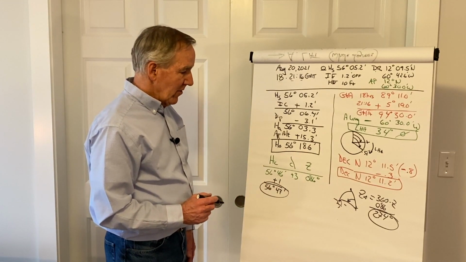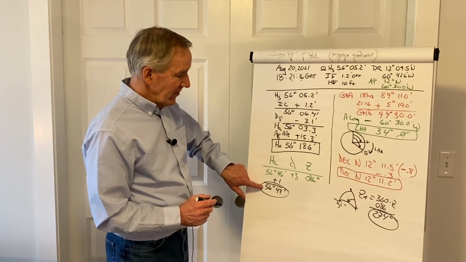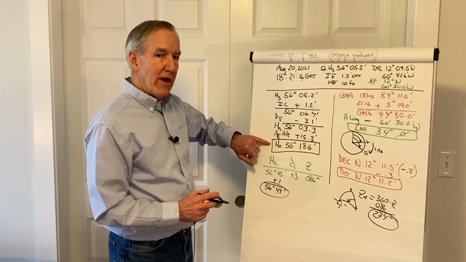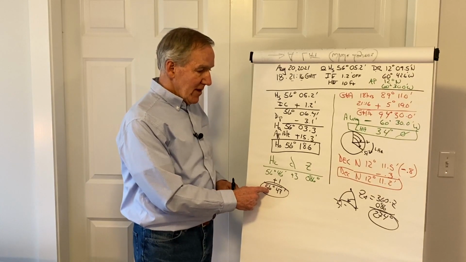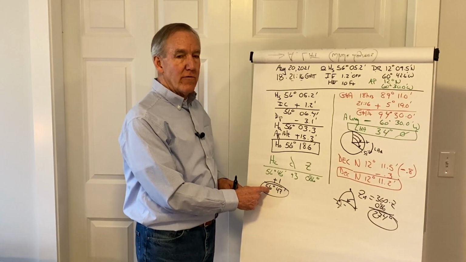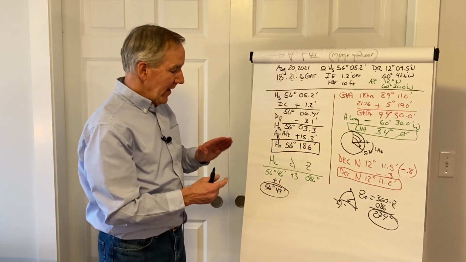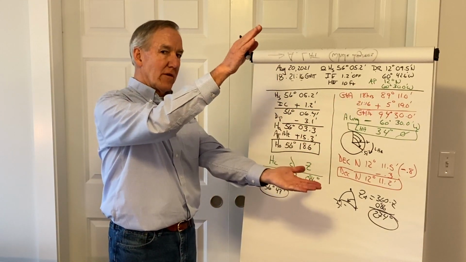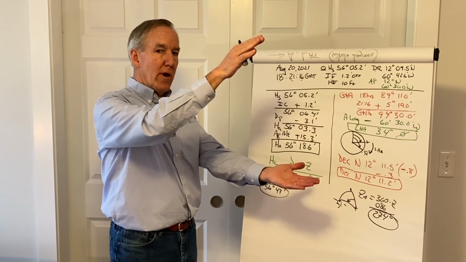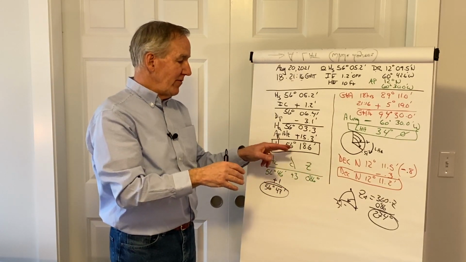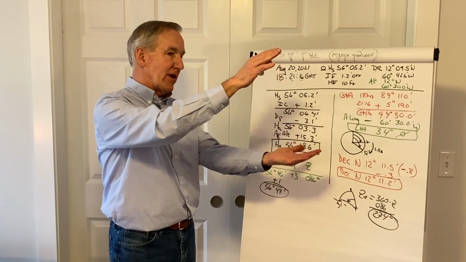Finally, we're going to take our HC value and compare it to the HO value. HC being the angle we would have recorded on our sextant if we had been standing at the assumed position, and that's 56 47. We were somewhere where our sextant read 56 18.6.